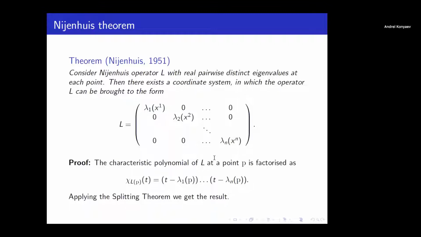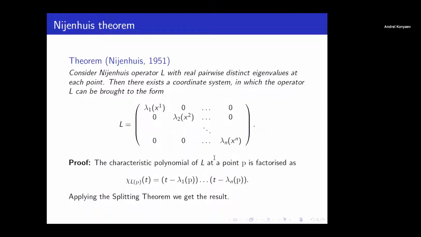So you basically split your characteristic polynomial into a product of linear polynomials, which is a good sign, because in this case, what the splitting theorem says is that if you split a polynomial at a point into some polynomials, then you can split the operator structures.